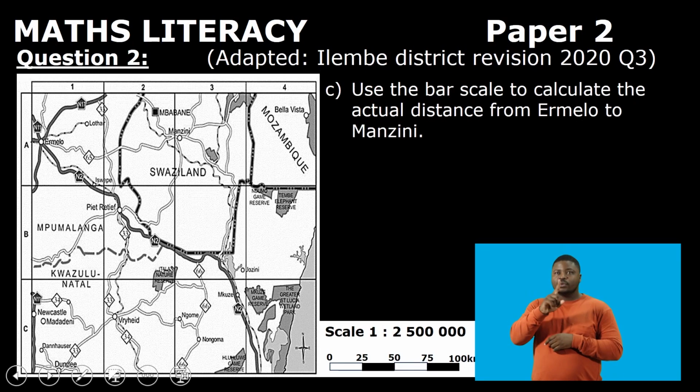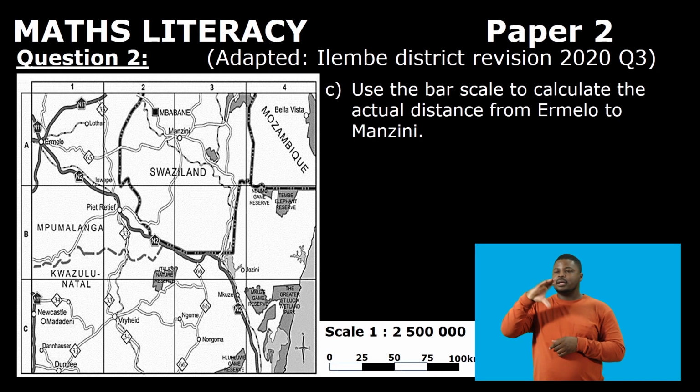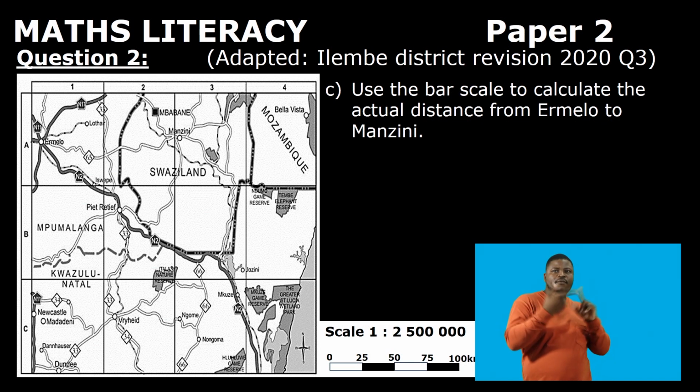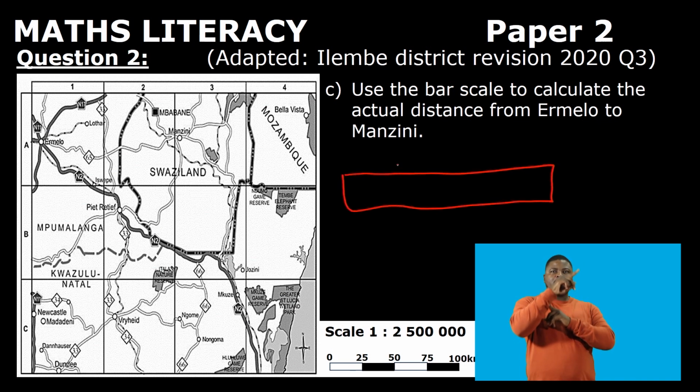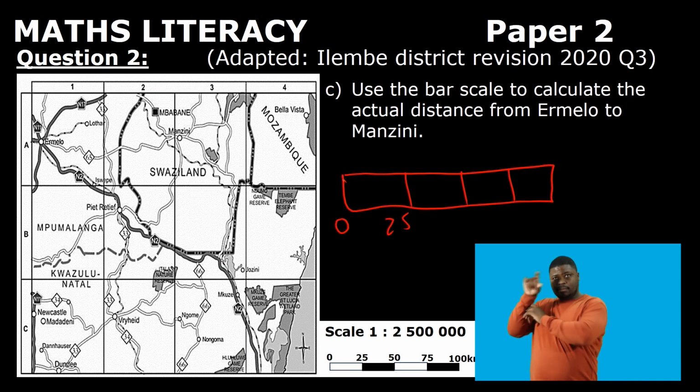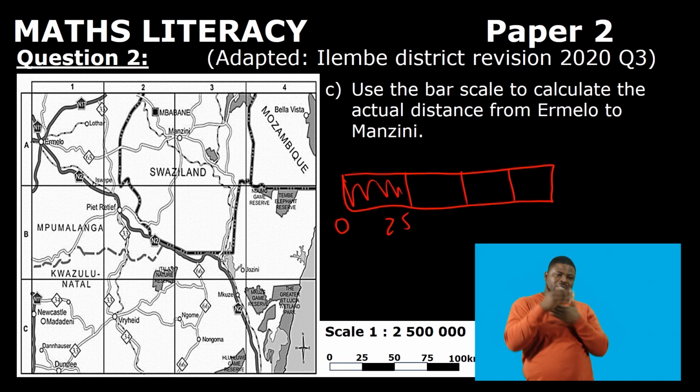Use the bar scale to calculate the actual distance from Ermelo to Mzini. So what you'll do, and I'm not going to give you the answer, I'm going to show you what to do. What you do is you take your bar scale and you measure the first segment. Say for instance, we measured 2 centimeters.